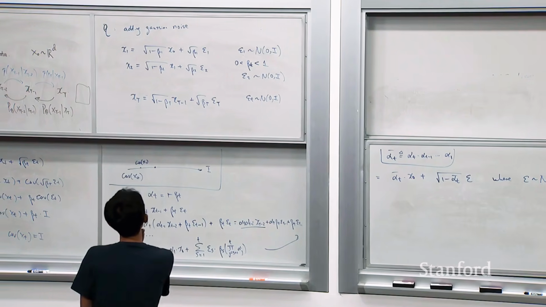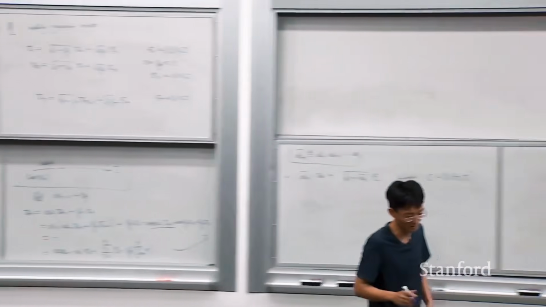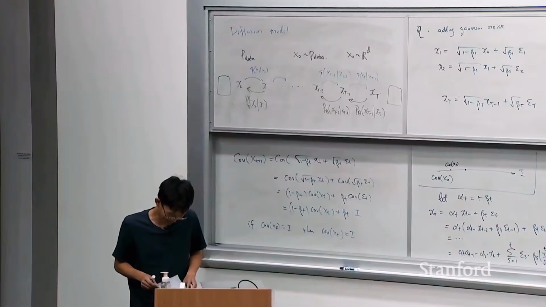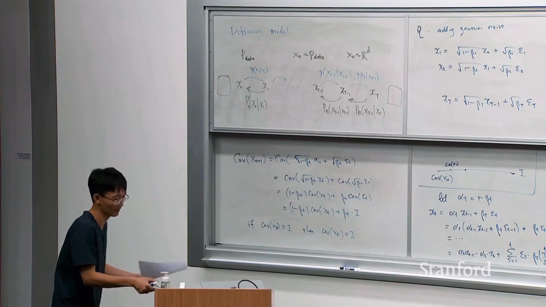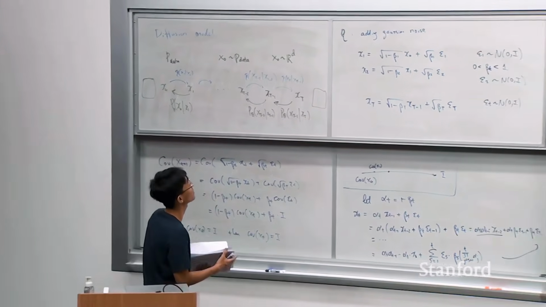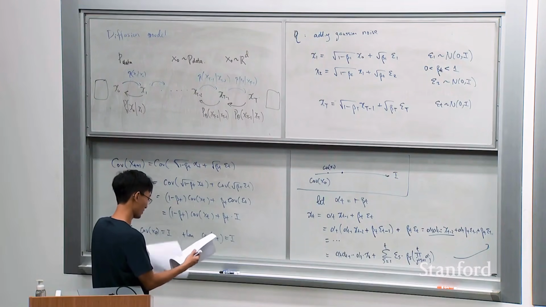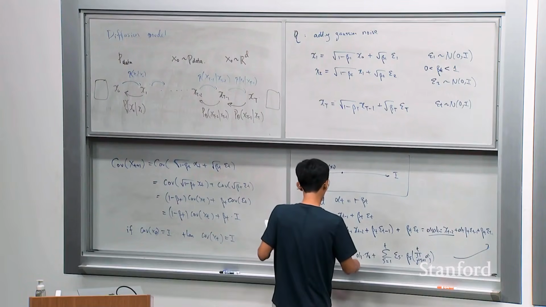Oh, I see. So why is that? Sorry, let me think about this. I think this is my problem. Sorry, my bad. I'm missing some square root here. Let me see what I'm missing here. You are totally right. I think I just have a typo here.